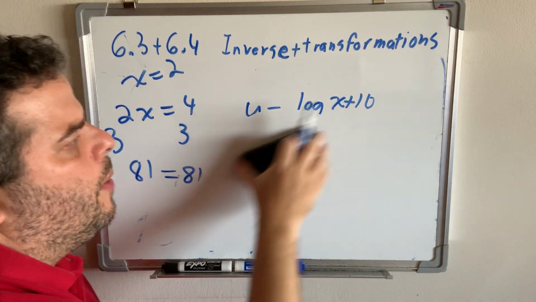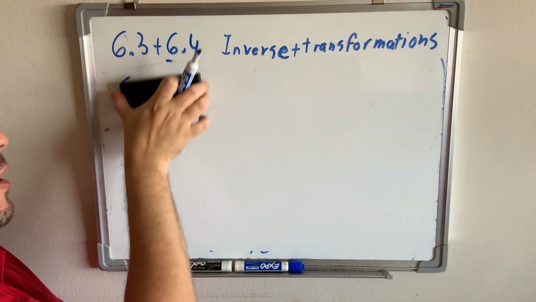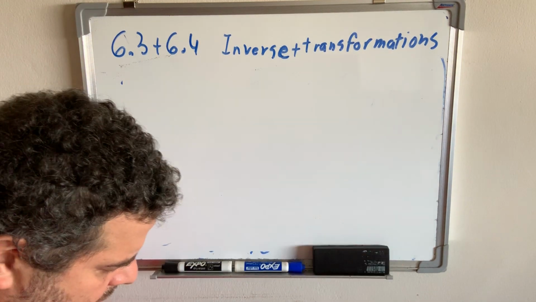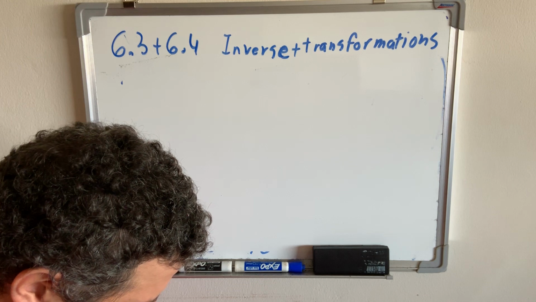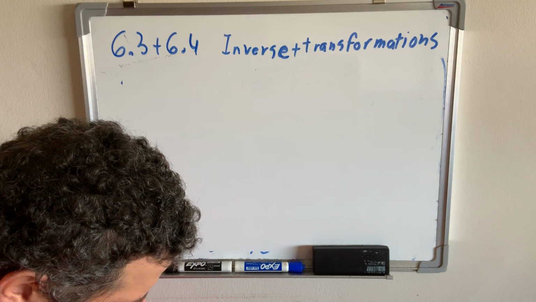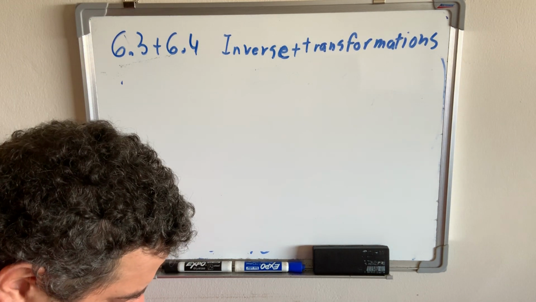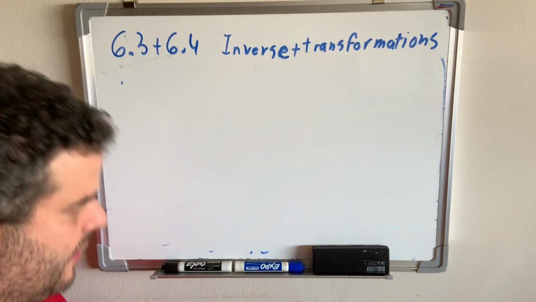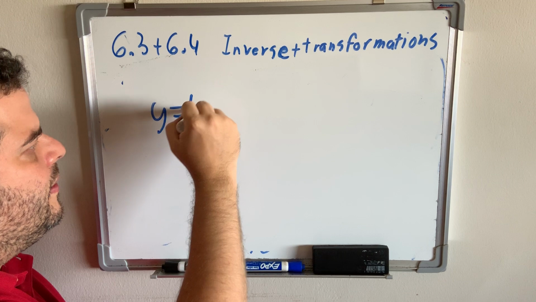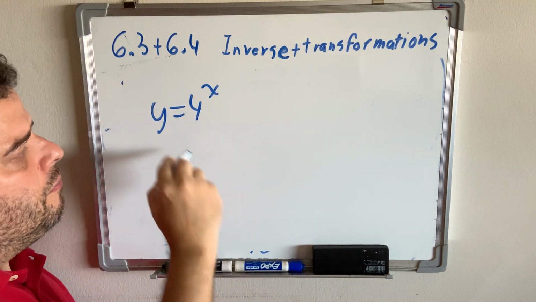Now let me go ahead and do a couple of examples that are in the book. For example 6, on the monitoring progress, I'm going to do 17 and 18. So 17, let's find the inverse of this.